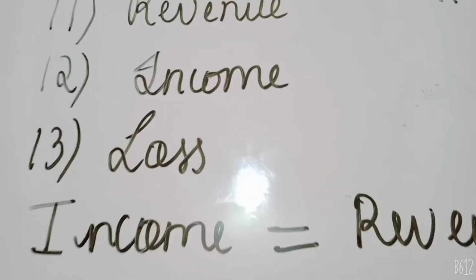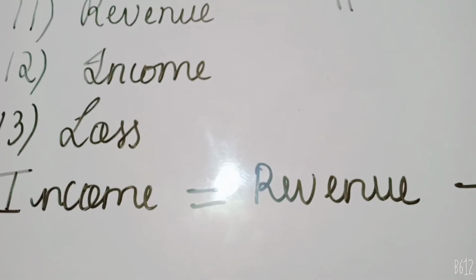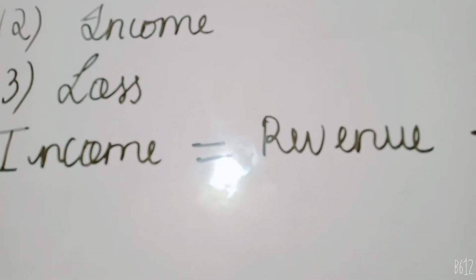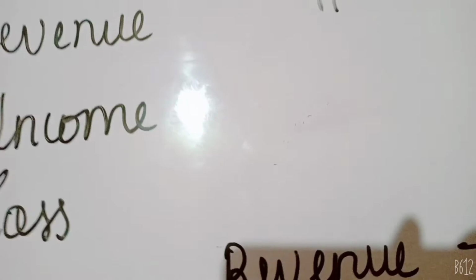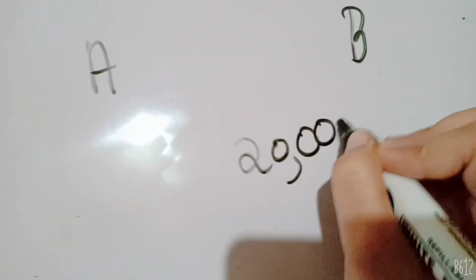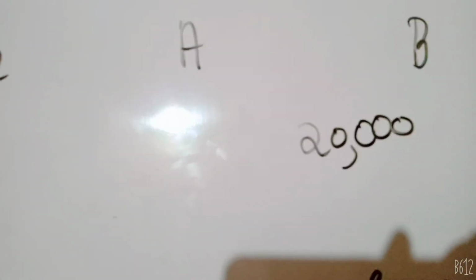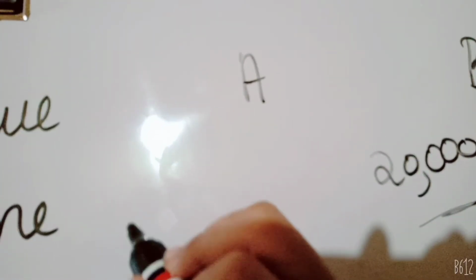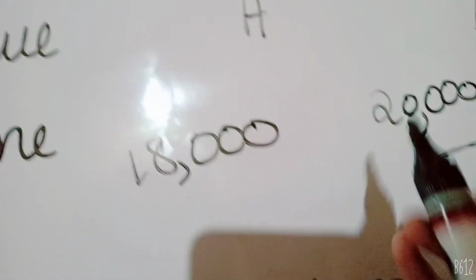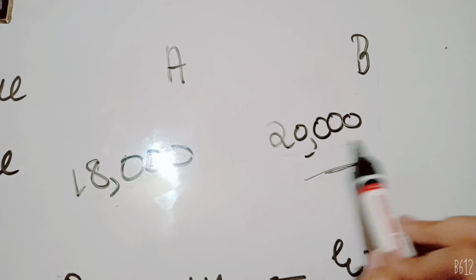So the next is income. Income is basically the profit which we earn after selling our goods and services. Let's take an example, Enterprise A and Enterprise B. If Enterprise A sells goods costing 20,000 to Enterprise B and the cost of the goods was 18,000, but Enterprise A sold it for 20,000.